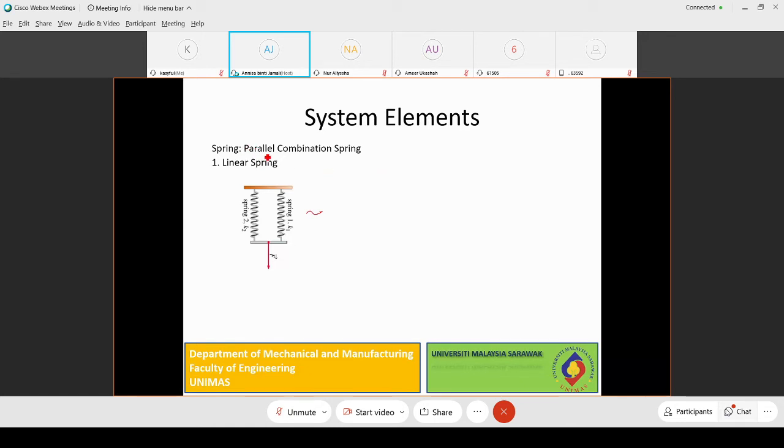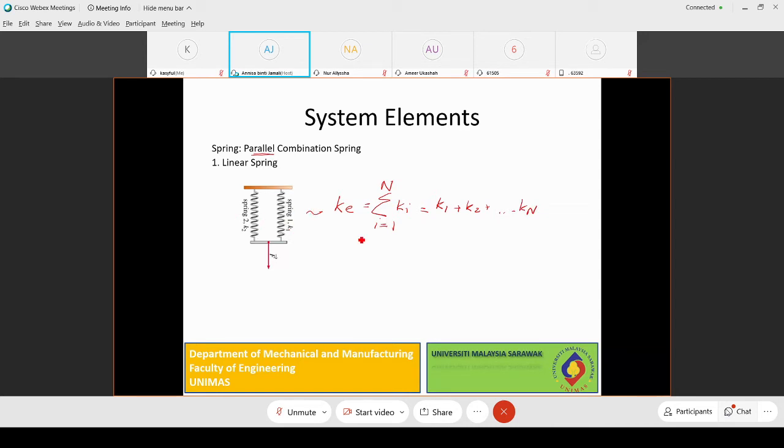So these springs are in parallel. So the Ke for this system would be equal to the summation of Ki from i equal to 1 until N. If you have N springs connected in parallel, you have to add all the spring constants: K1 plus K2 until Kn.